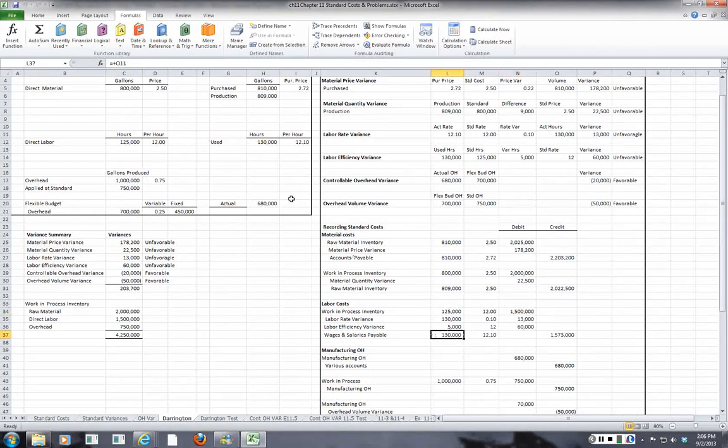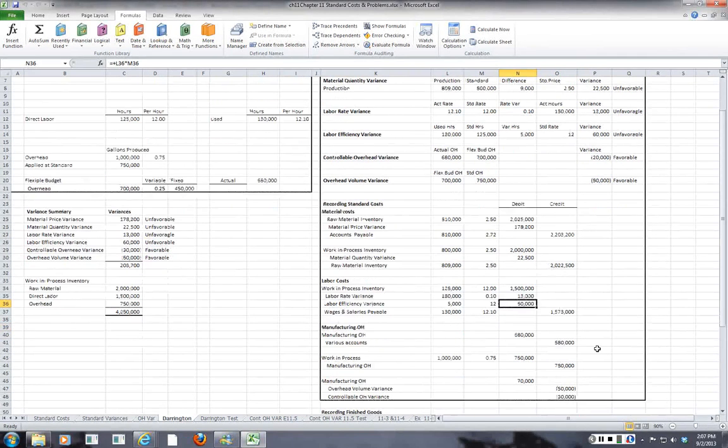We're going to pay 130,000 hours, which is what we incurred here, at $12.10. So we're going to have accounts payable, wages and salaries payable of $1,573,000. The difference between the $1.5 million and the $1,573,000 is the labor rate variance of $13,000 and the labor efficiency variance of $60,000.